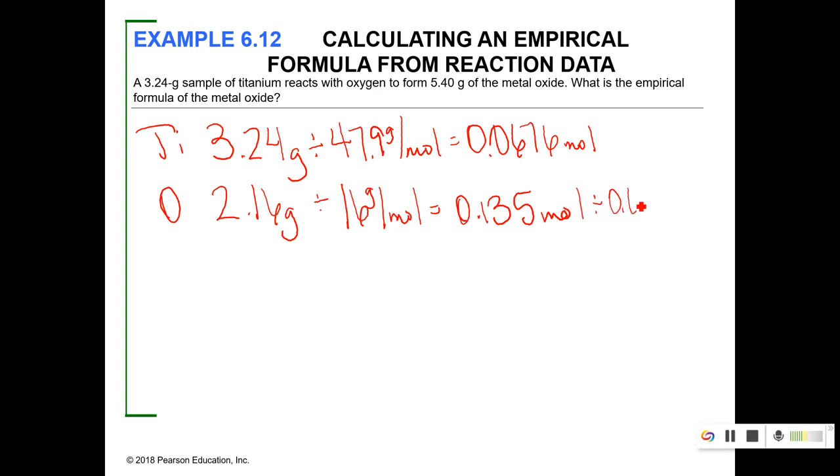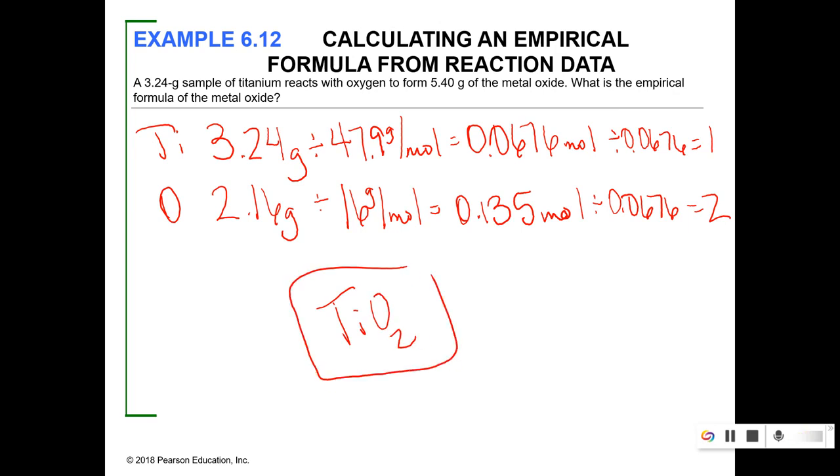So we divide by our smallest, 0.0676. So I get TiO2. Okay, please let me know if you have questions. We're going to do plenty of practice on this.